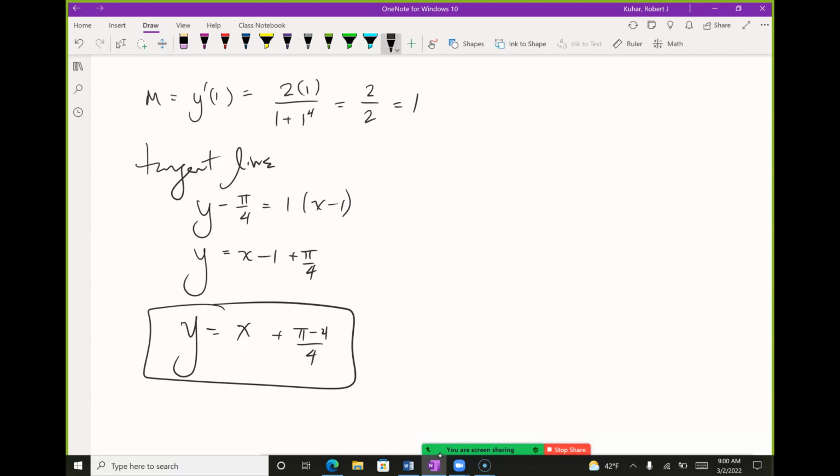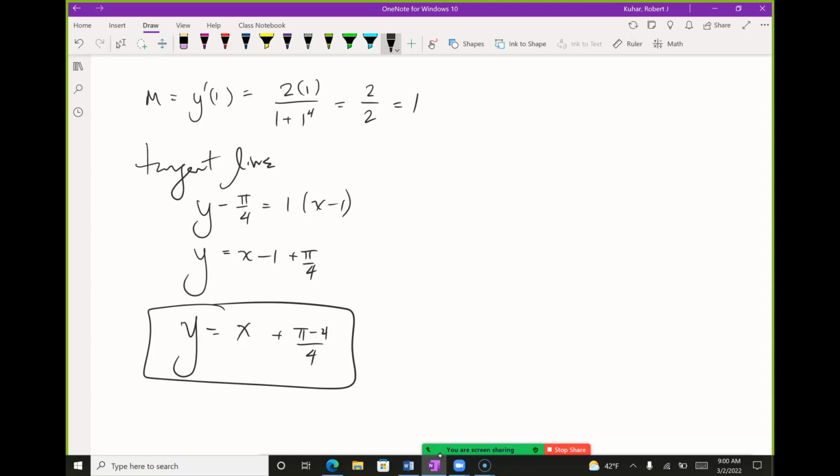How are we doing? You put the minus 1 into the other side of the function by multiplying it by 4. Yes. 4 over 4, LCD, right?